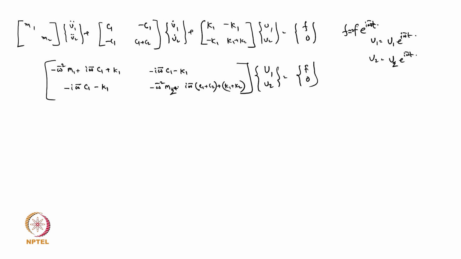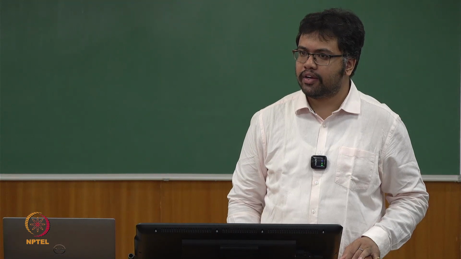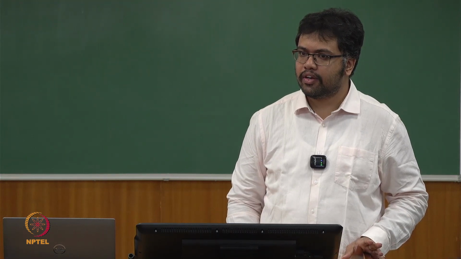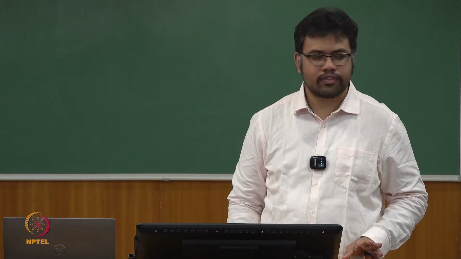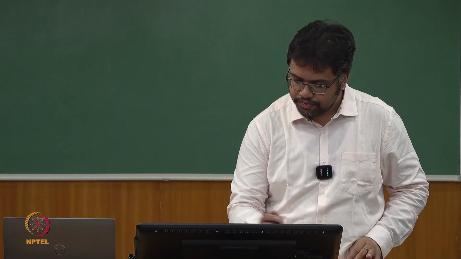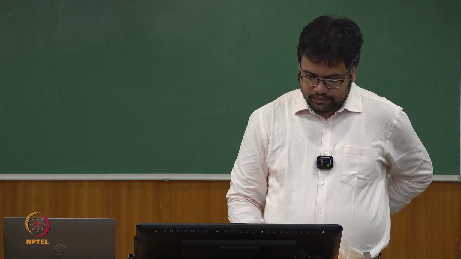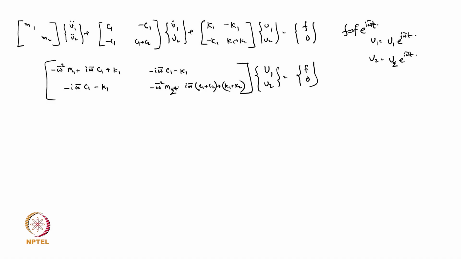Okay, so I put all the stuff there and add them up. Everybody all right? Anybody has any confusion? Okay, no issue. So now let's say my target is what?